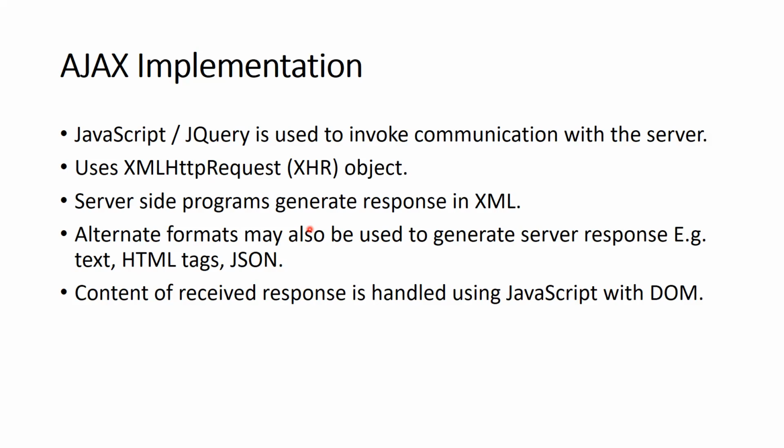So for the server-side program, you have PHP, Servlet, and so forth, and you get responses in XML. Apart from XML, you have other formats, whereby the server may respond in terms of text, HTML tags, and JSON. JSON is JavaScript Object Notation, by the way.